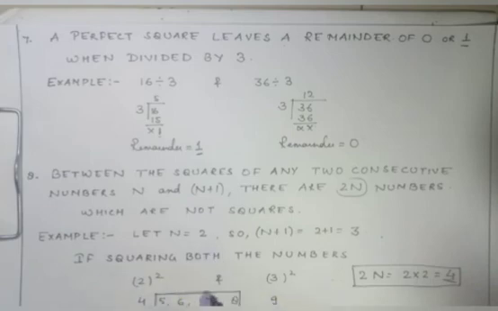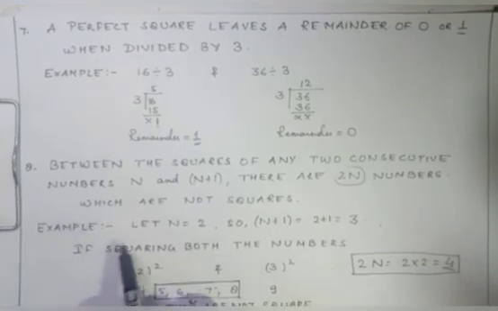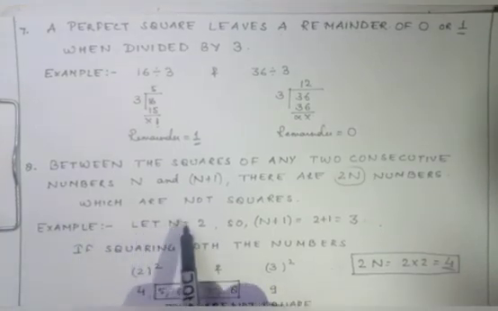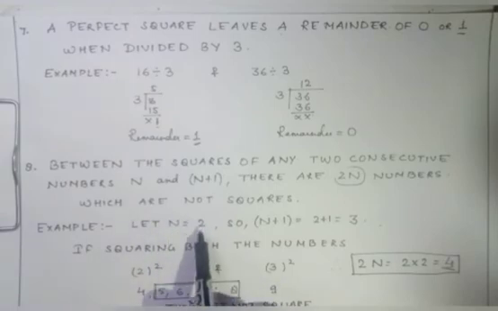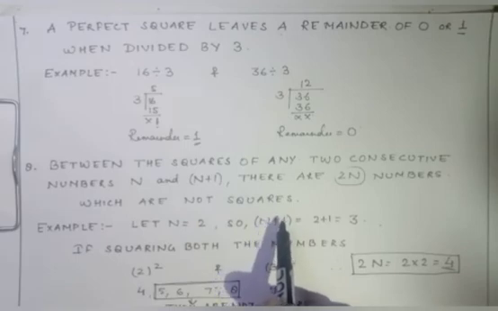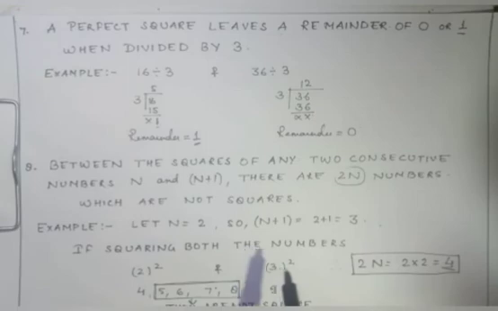Let us see with the help of an example. Over here I have taken n as 2. This is the first number. So the consecutive of 2 will be n plus 1, it will be 3. Now if I square both the numbers, 2 to the power 2 means 4 and 3 to the power 2 means 9. So now I am going to find the numbers between 4 and 9.